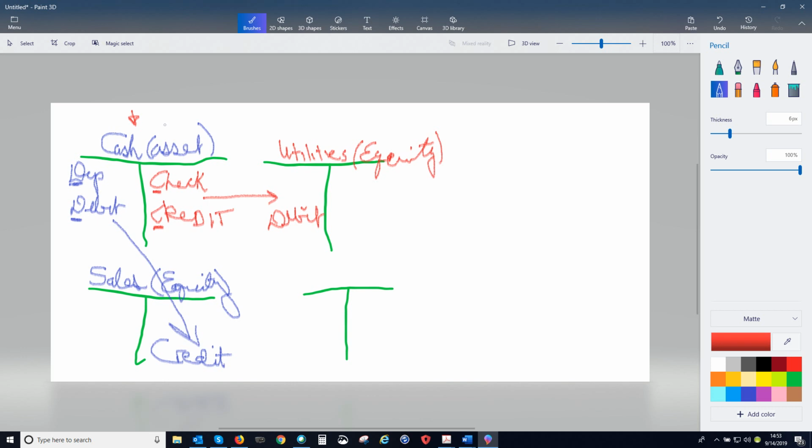Let's look at one more transaction. This time around, let's say we got that electric bill, but we didn't pay it yet. And we're not going to pay it for a while, but we still need to make sure that our boss knows that we owe it, right? So we're still going to put the expense on our books with the debit. Now we need some type of credit to accompany that. So we owe it, right?